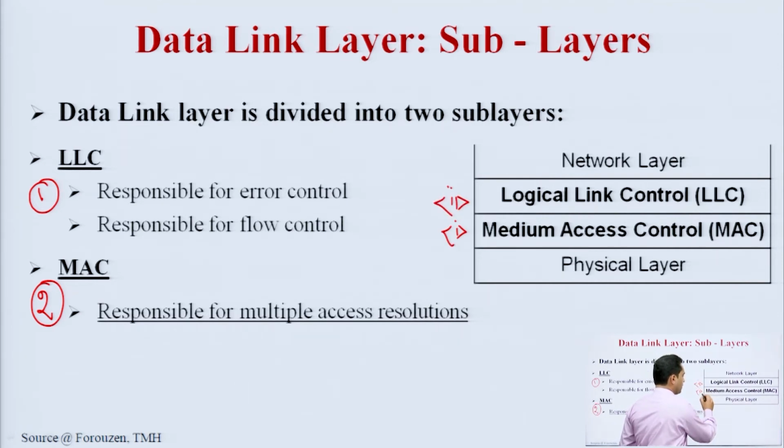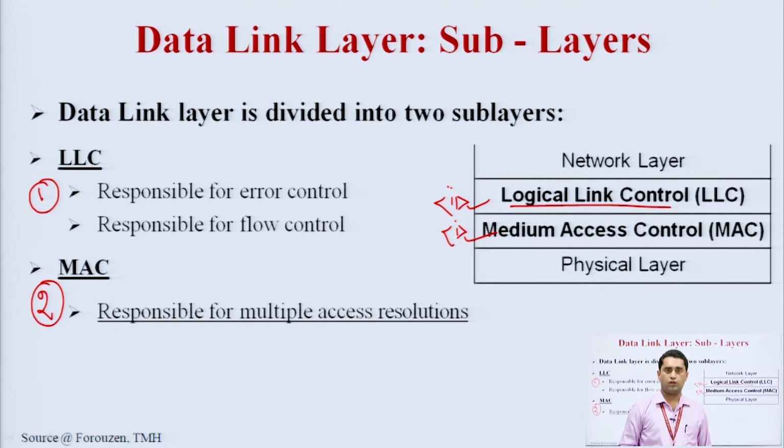Medium access control, which is known as MAC, is responsible for the control. If there are so many devices, it decides who will be picked at once, so that there is no clashing, no collision of data. Then this second part is the LLC, which is known as logical link control. This is responsible for the error control and the flow control mechanism, and framing is also a part of this. These 2 components are known as the sublayers inside the data link layer.